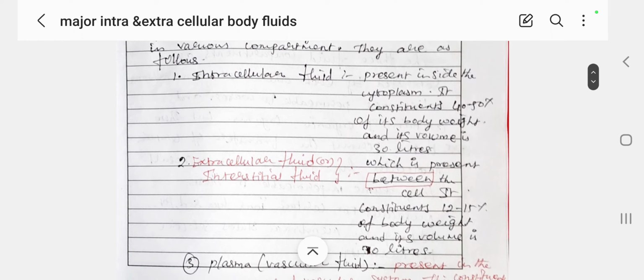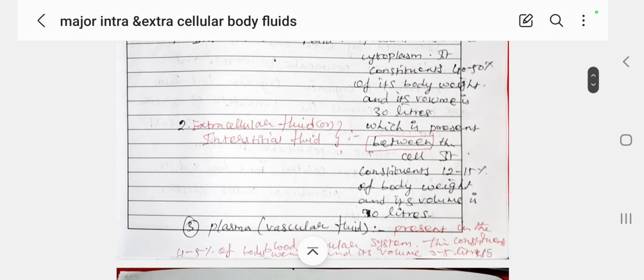The intracellular fluid is present inside the cytoplasm of the cell, and it constitutes 40 to 50% of body weight with a volume of 30 liters. Next, the extracellular or interstitial fluid, which I already told you is present between the cells, constitutes 12 to 15% of body weight and its volume is 10 liters.